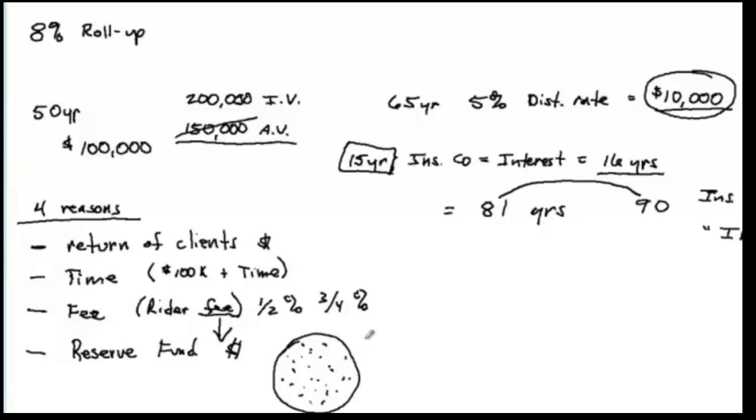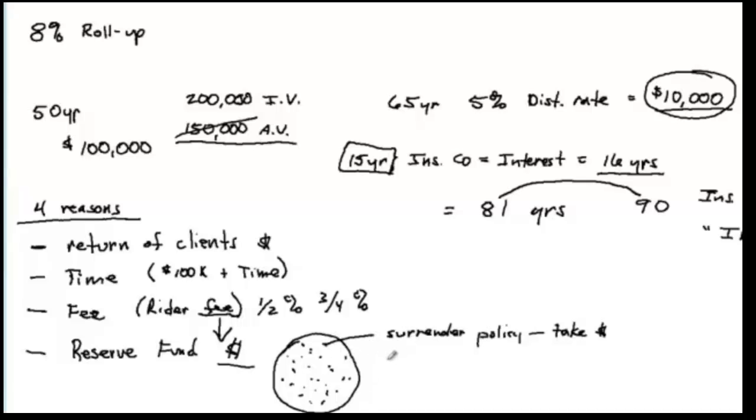There's going to be some people at the end of their surrender period, they're going to surrender their policy, meaning they're just going to take their money out. Well, they took their money out, but yet they paid for the fee. So they paid for the fee, it went into the reserve account, but yet they didn't take any benefit from it. So that's one issue.